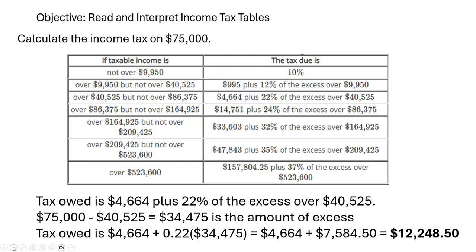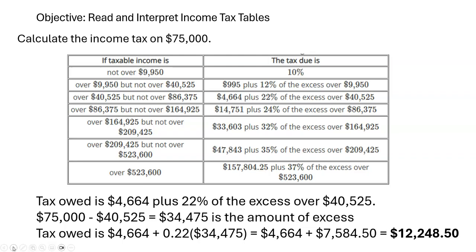When I multiply 0.22 times $34,475, I get $7,584.50. Therefore, when I add that to my base amount of $4,664, I get a total income tax owed of $12,248.50.